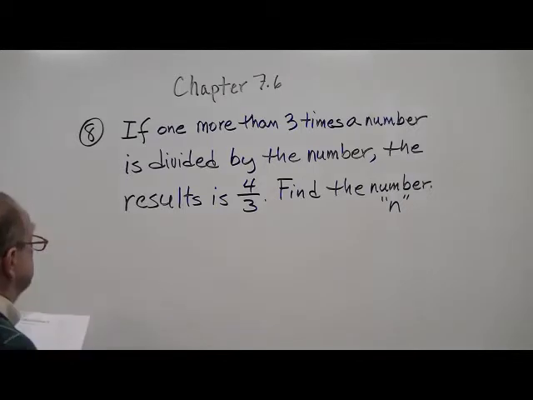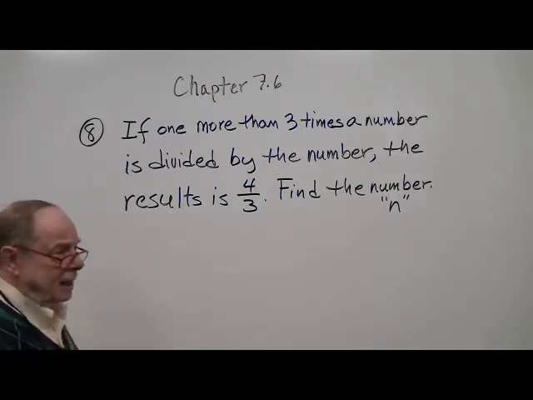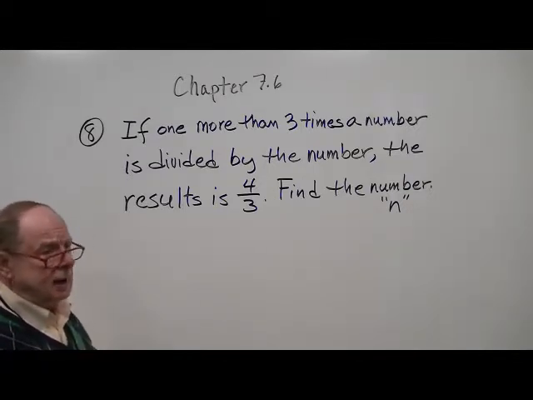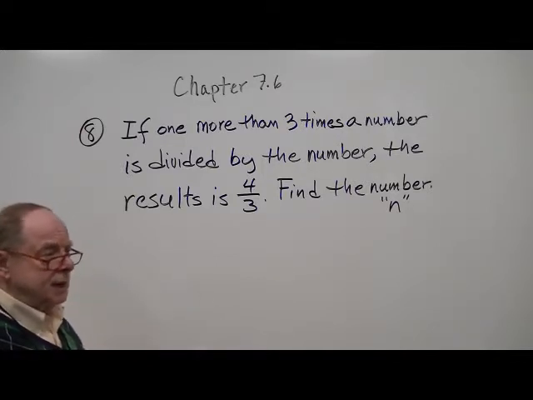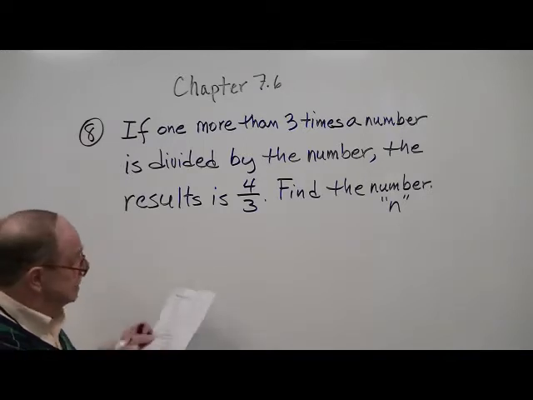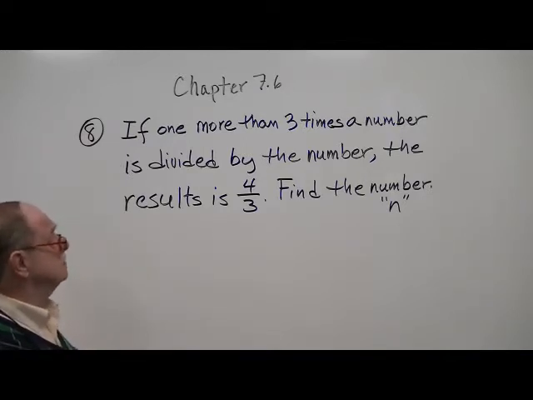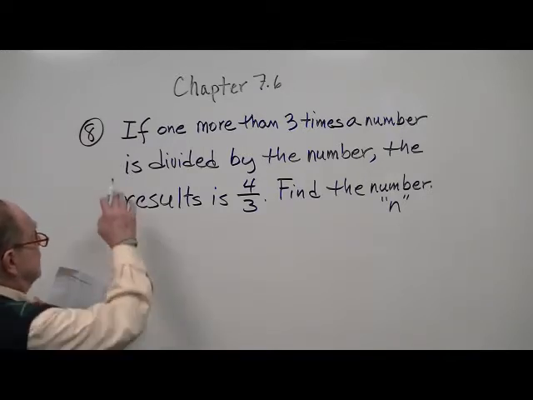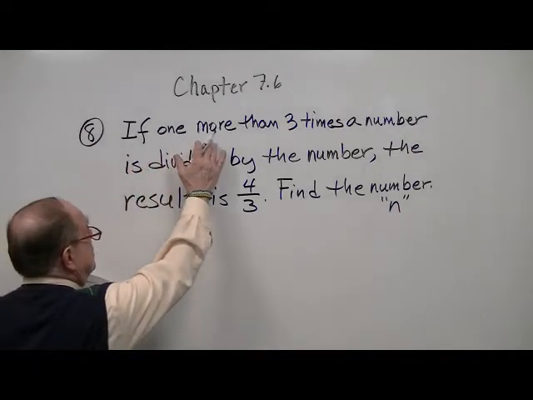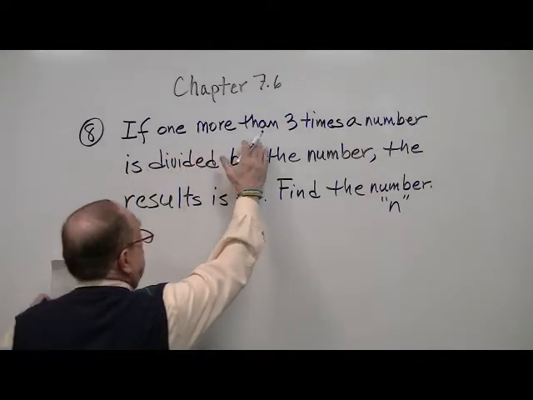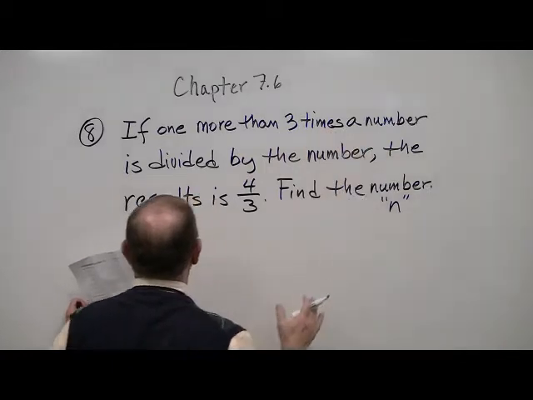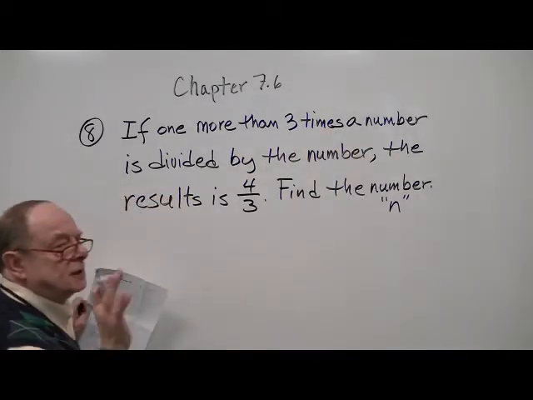All right, here's another one. And again, when you're doing word problems, you have to read it more than once to truly understand the nuances in the example. So, if one more than 3 times a number, let's just figure that out.